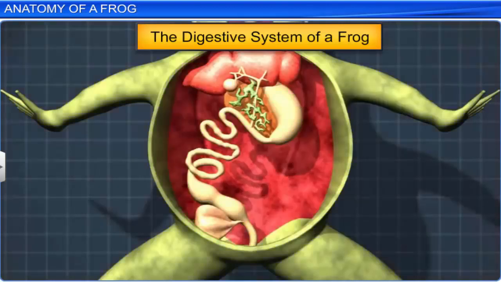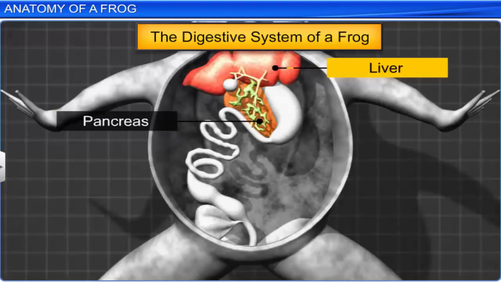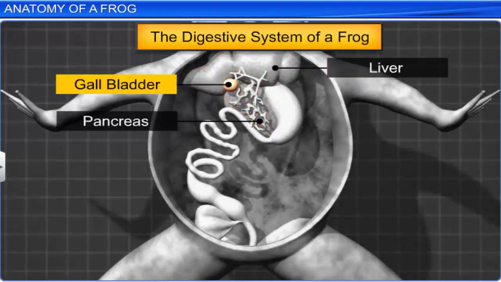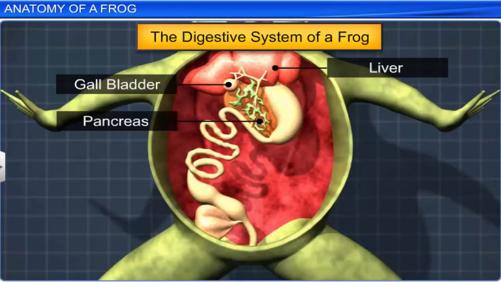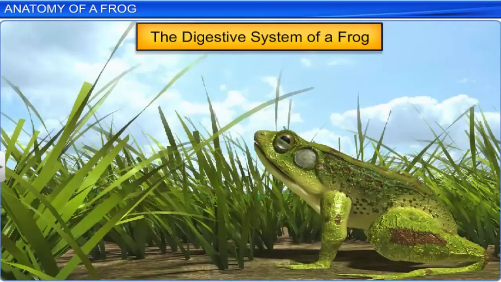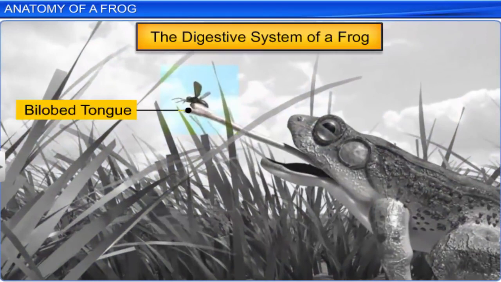Frogs possess two main digestive glands, the liver and pancreas. The liver secretes bile, which is stored in the gallbladder, while the pancreas produces pancreatic juice containing digestive enzymes. A frog uses its sticky, bilobed tongue to catch prey or food.